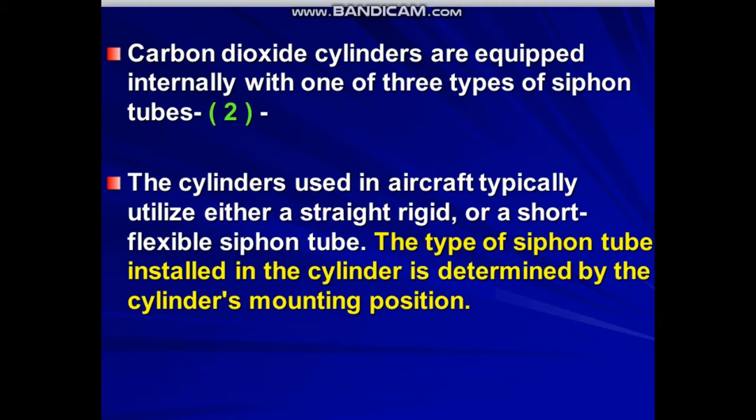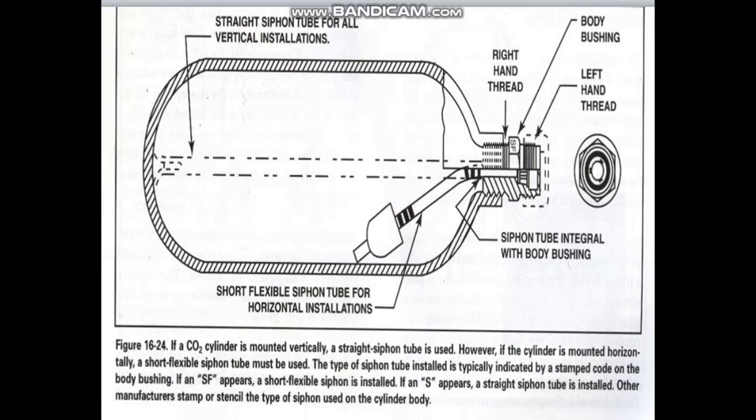Carbon dioxide cylinders are equipped internally with one of three types of siphon tubes. What are the siphon tubes? Here we will find that we have a short siphon and a straight siphon.